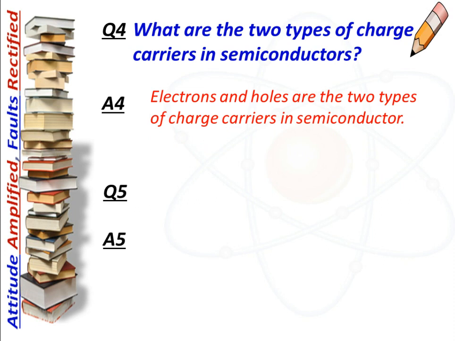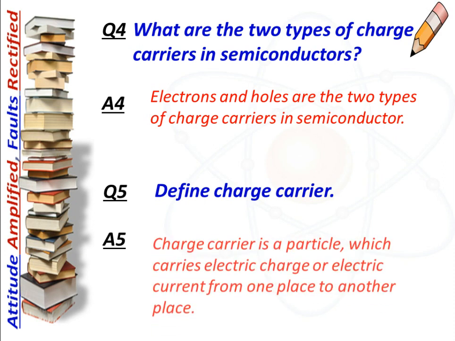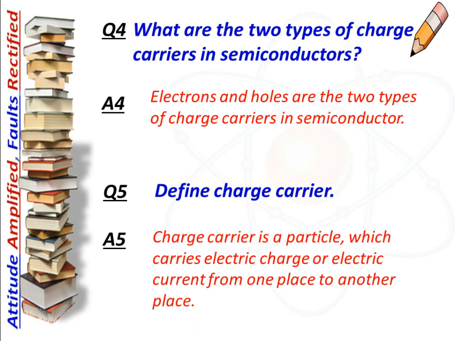Answer is electrons and holes are the two types of charge carriers in semiconductor. Next question is define charge carrier. Answer is charge carrier is a particle which carries electric charge or electric current from one place to another place.